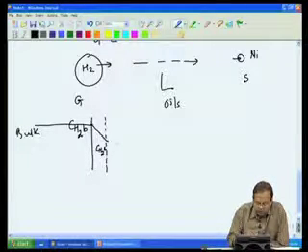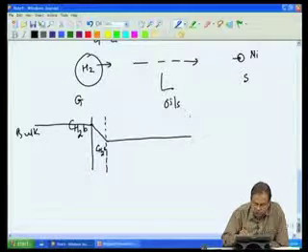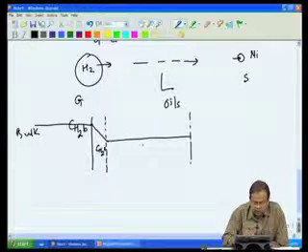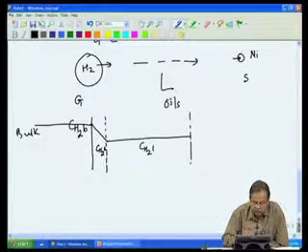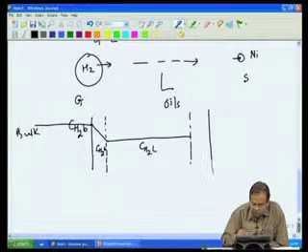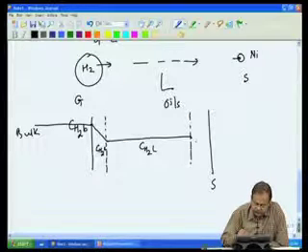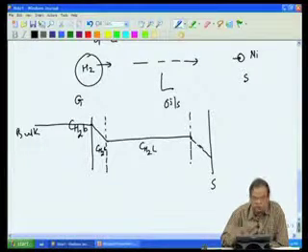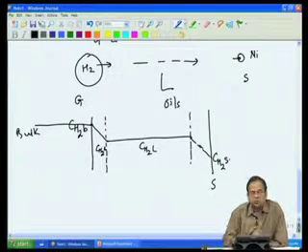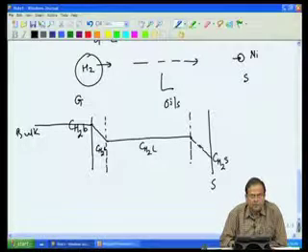In the bulk liquid, the resistance is negligible. So, we say that the concentration is the same as C2HL, and then once again this is my solid interface, and again mass transfer resistance, and this concentration is the concentration of hydrogen on the solid surface.